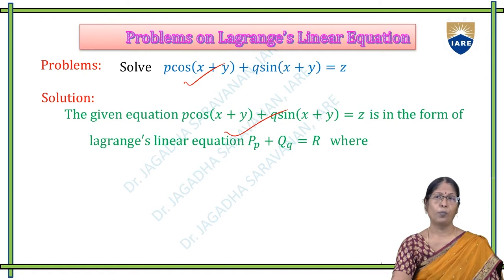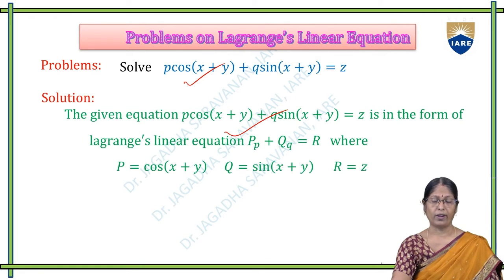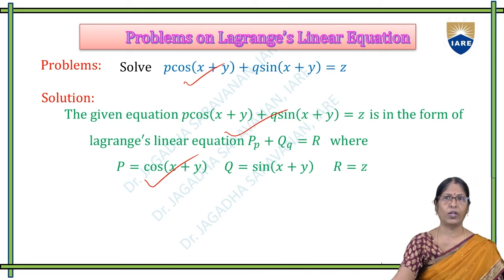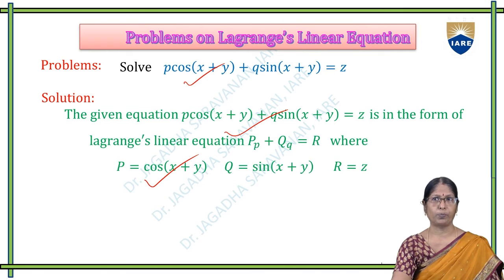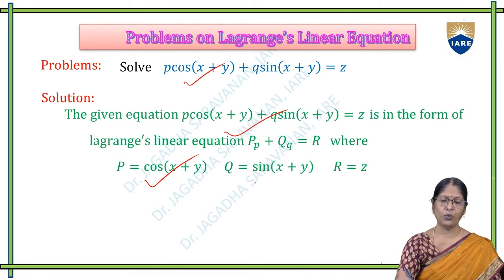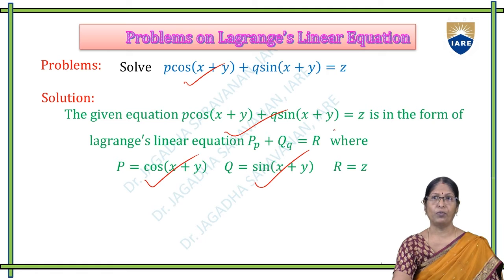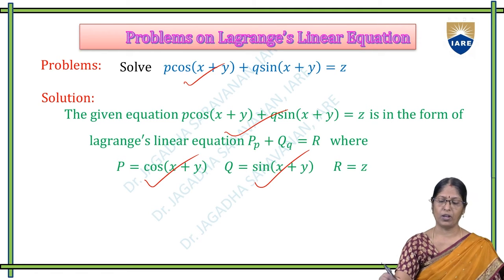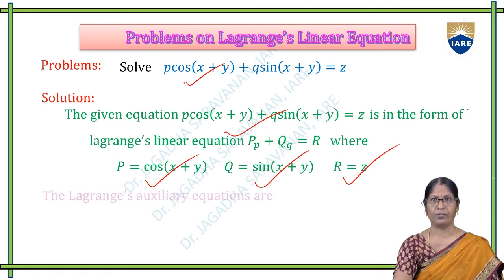That is capital P p plus capital Q q equals capital R, where capital P equal to cos of x plus y, capital Q equal to sine of x plus y, capital R equal to z.